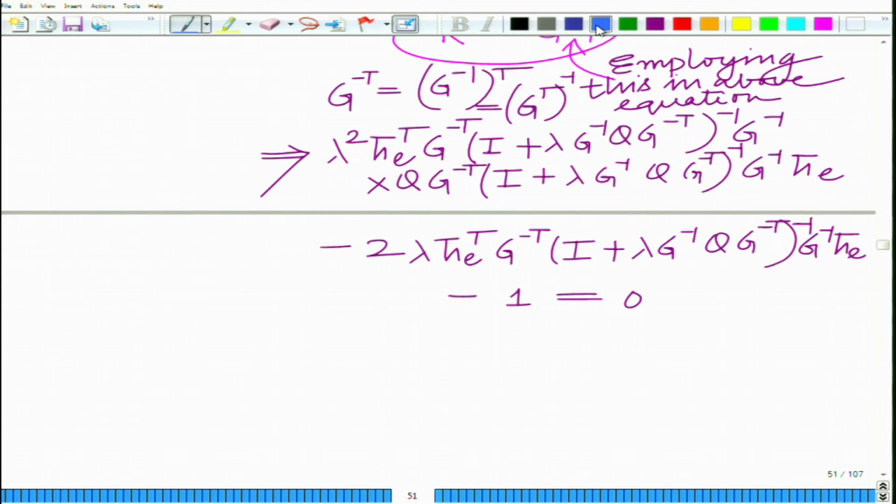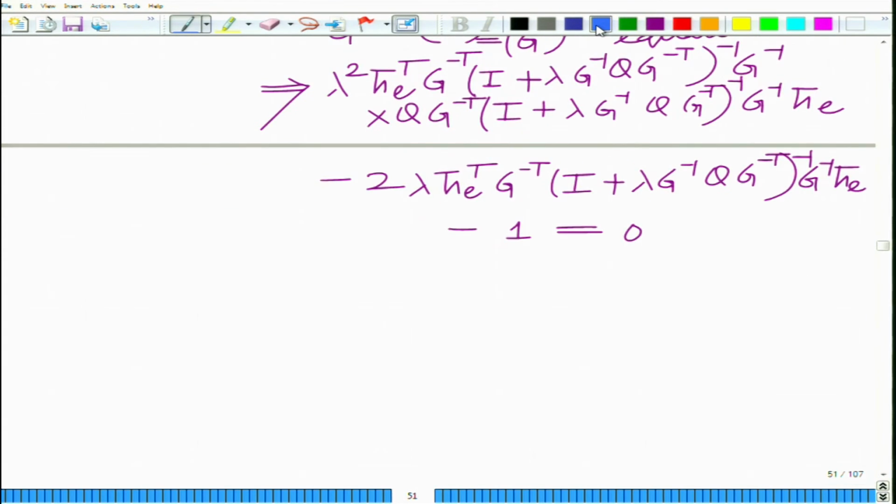So, this is the equation that you get after you substitute R equal to GG transpose.